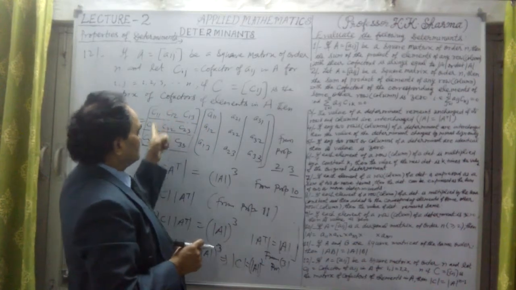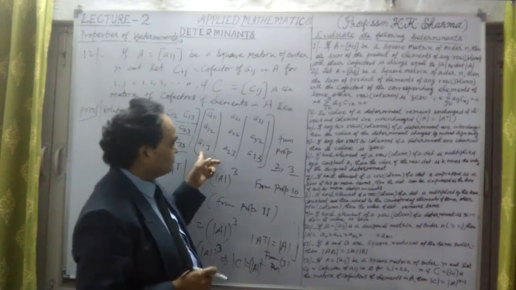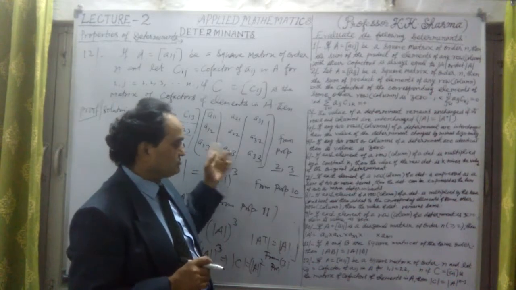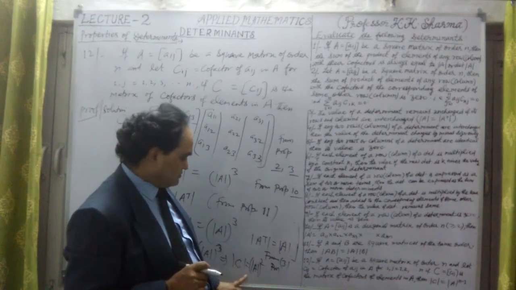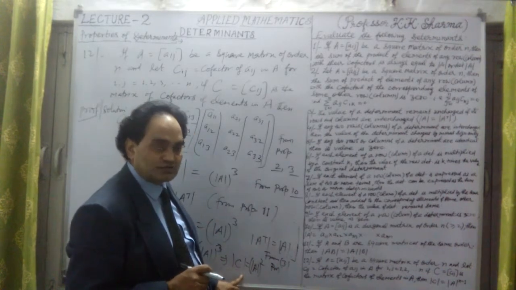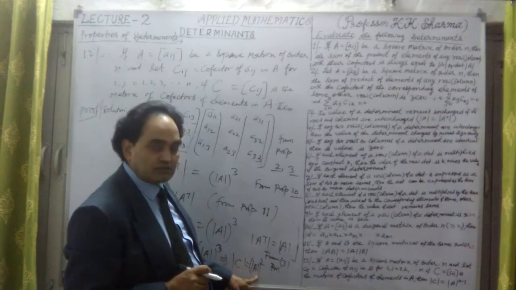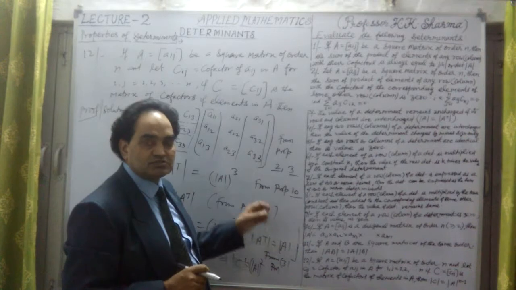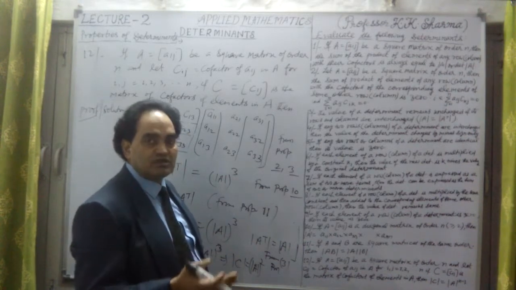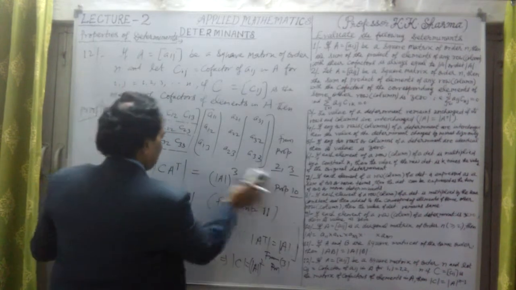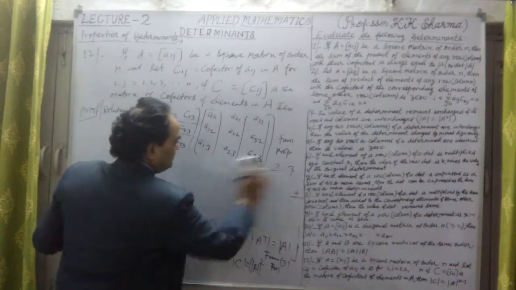The matrix A was of order 3, a square matrix of order 3, but the determinant of the matrix of cofactors is equal to determinant of A whole square, that means n minus 1. It has been proved.